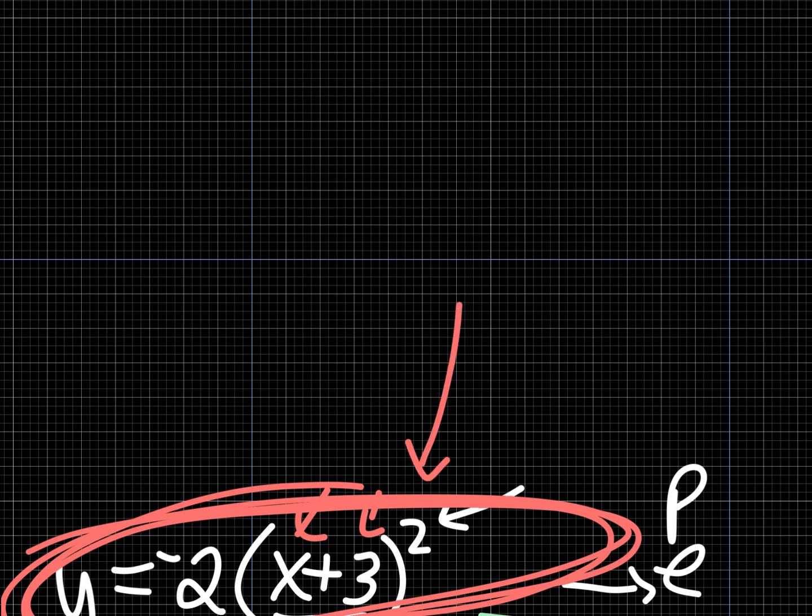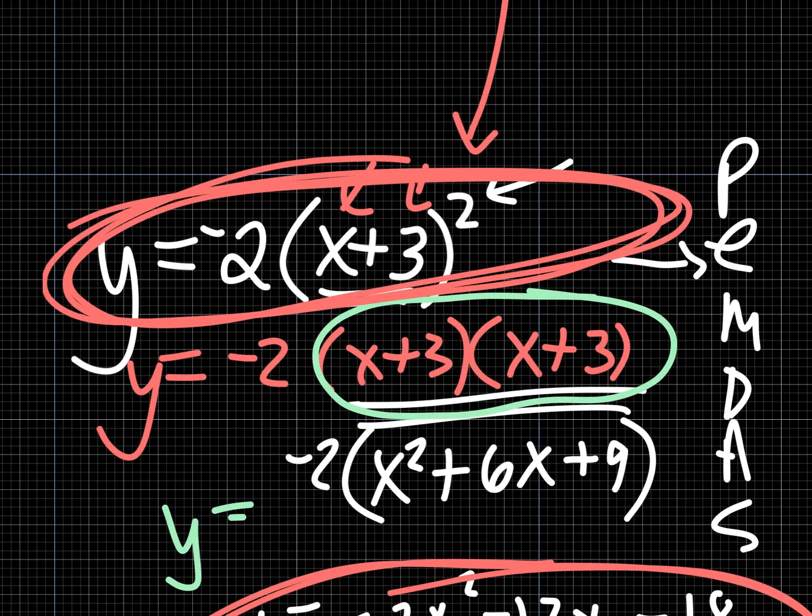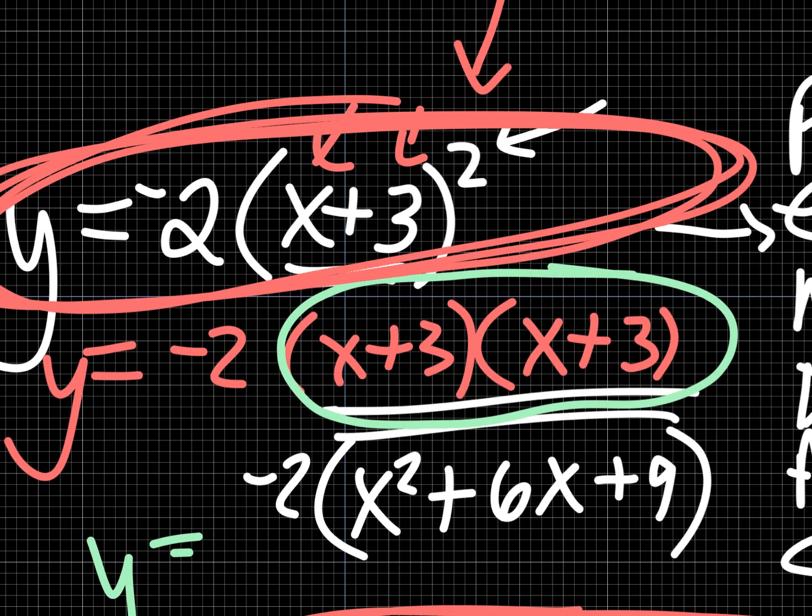That means 2 sets of parentheses. Don't overthink this. Write it out so it has got 2 sets of parentheses all multiplied out. That's factored form. And I had already written it right here, and I circled it in green. That's factored form.